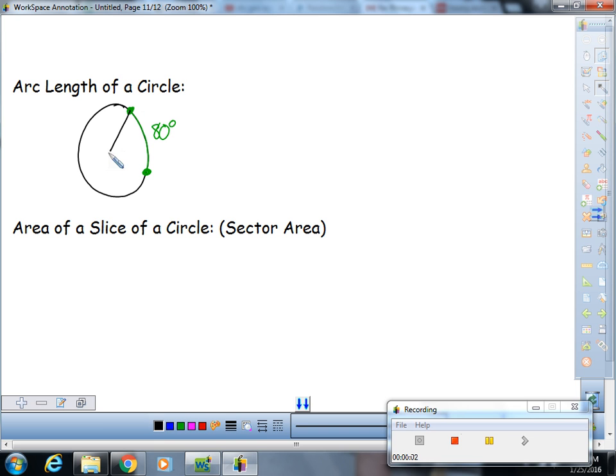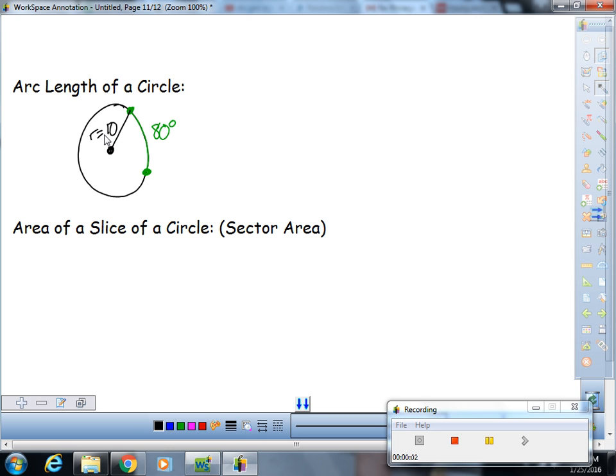And that the radius of this circle is equal to 10 units. Let's say 10 centimeters. Okay, well, every 80-degree arc is not the same length. Think about it. An 80-degree arc on the Earth is humongous, okay? An 80-degree arc on a basketball isn't that big.